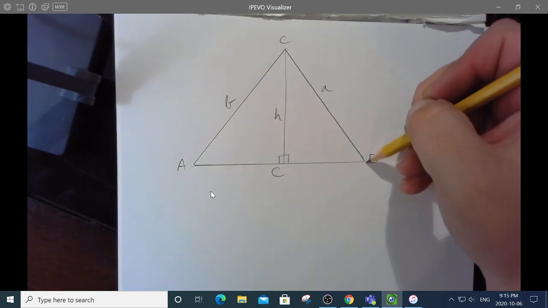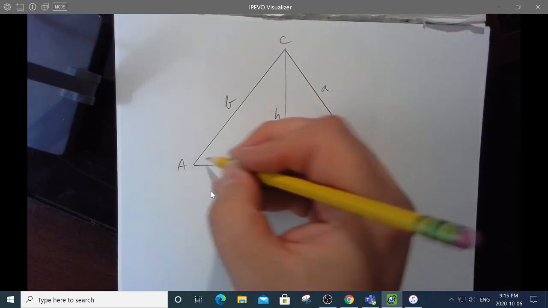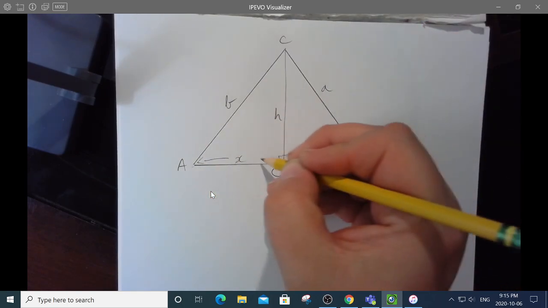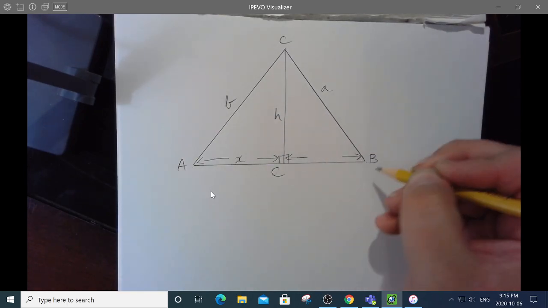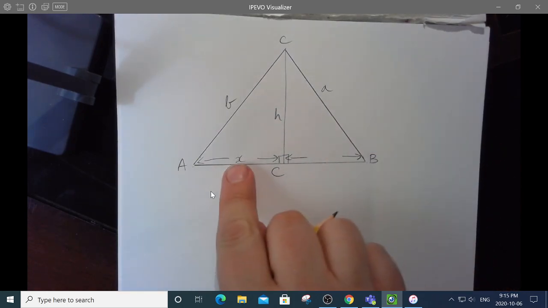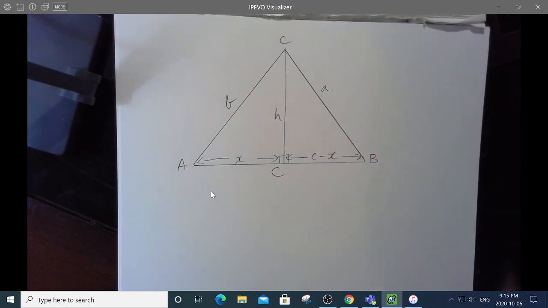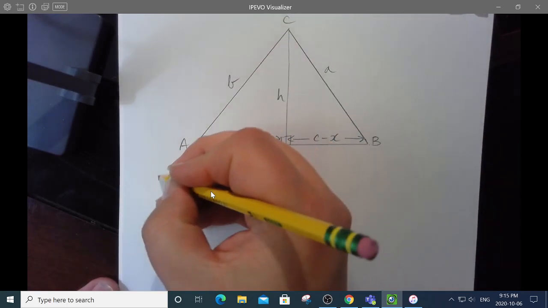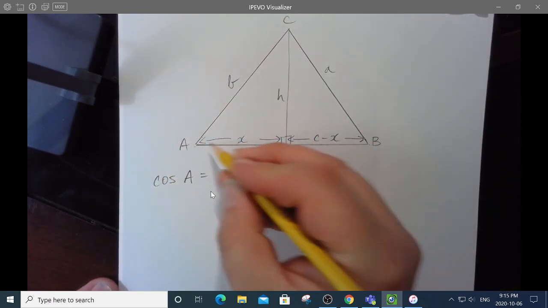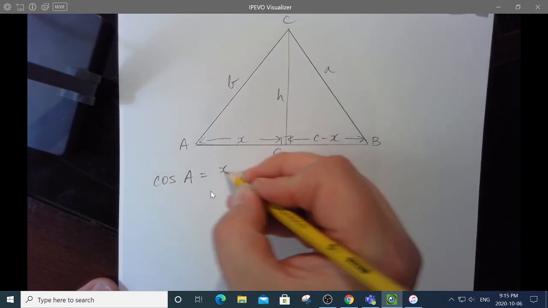All the way across is side C. So I'm going to call the distance from here to here x, which means logically the distance from here to here would be all the way across minus that x, so c minus x. See if the logic of that makes sense to you. So I am now going to use 3 different formulas. First of all, like I said, this involves cosine. So I'm going to say that the cosine of angle A is adjacent over hypotenuse, x over b.